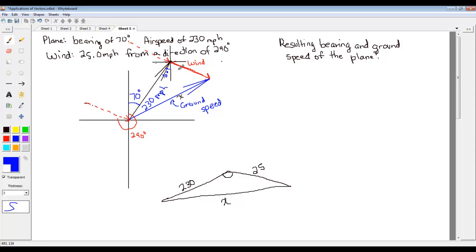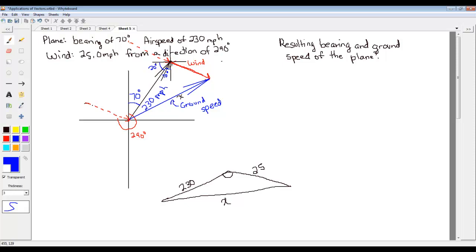What else do I know? If I know that's 70, I know this here has to be 20. Not sure that's going to really help, but I'm just filling in some stuff that I know. Maybe that'll lead me to things.